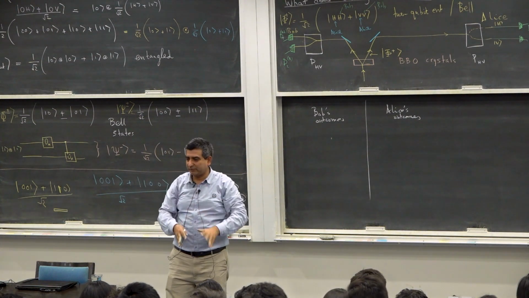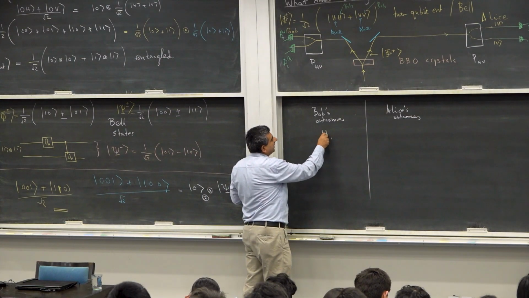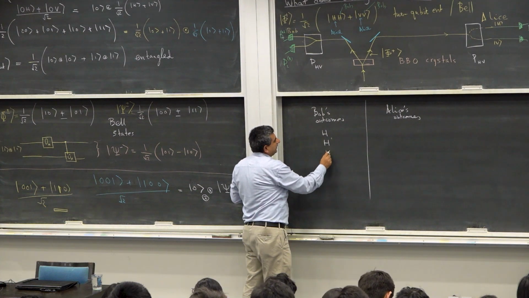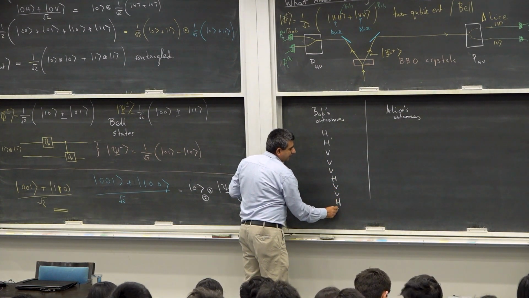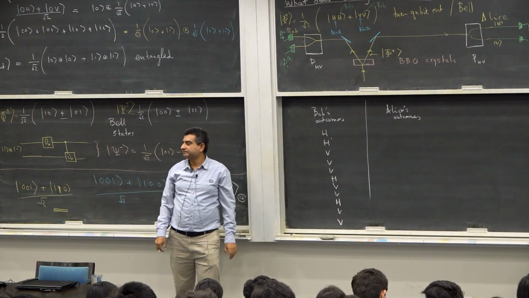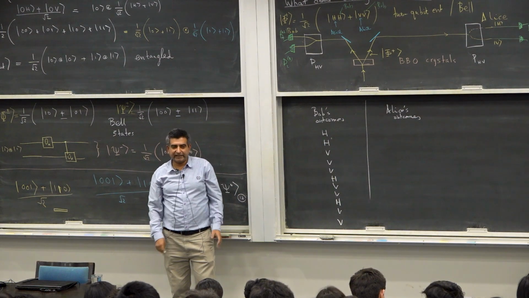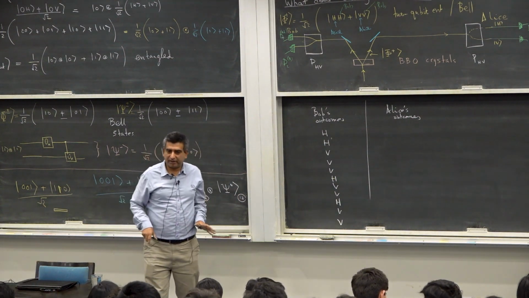He does his own sequence of measurements on the photons that he receives. Suppose Bob's outcomes are totally random: H, H, V, V, V, H, V, V, H, V, V. So this is a string of Bob's outcomes. And he keeps this list of outcomes, this catalog of outcomes, in his own pocket.